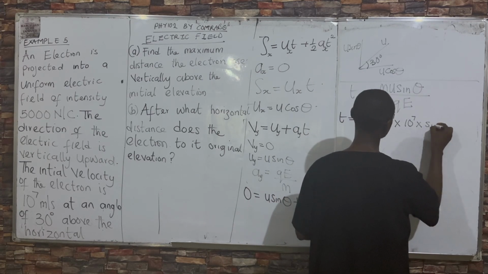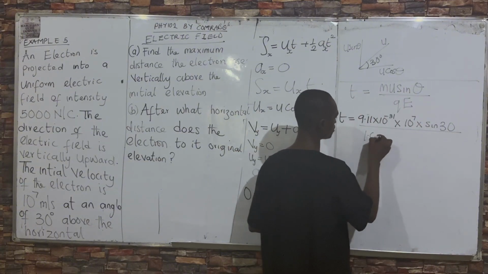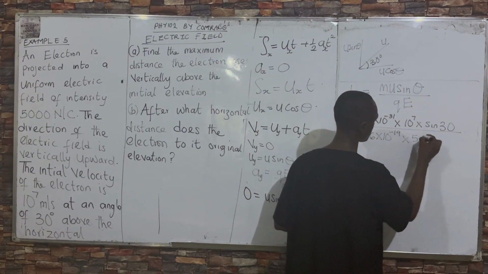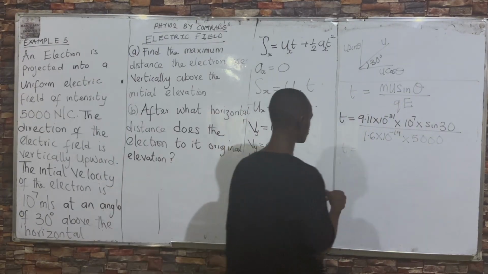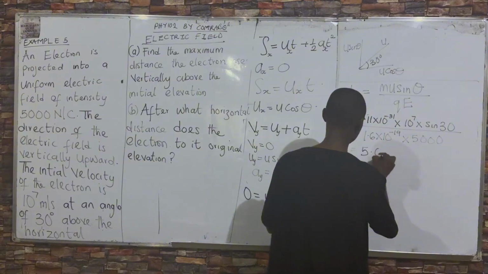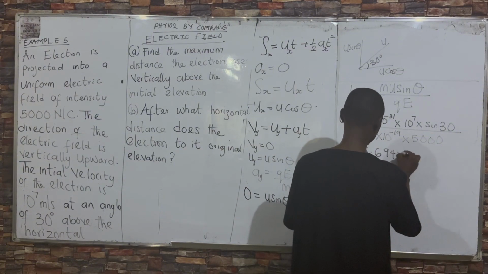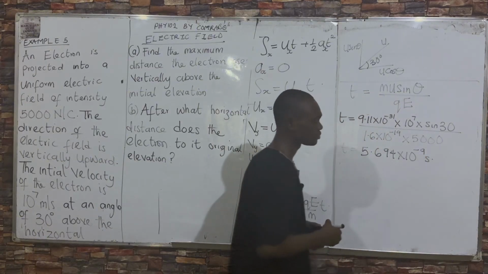I have sine 30, Q is 1.6 times 10 raised to power minus 19, and E is 5,000. So if I press my calculator, I get 5.694 times 10 raised to power minus 9 seconds.